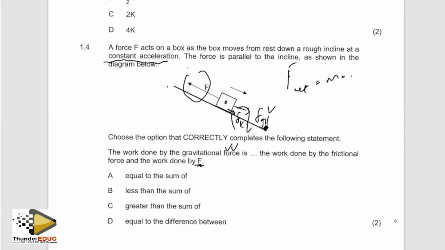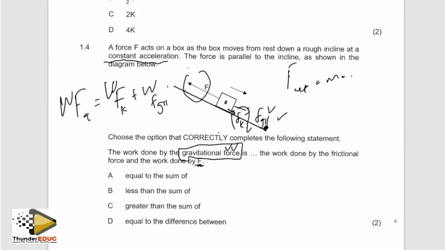Okay, so now the question is focusing more on the gravitational force, which means the work done by the gravitational force must be the difference. So the force applied is equal to the work done by the frictional force plus the work done by F_g parallel.